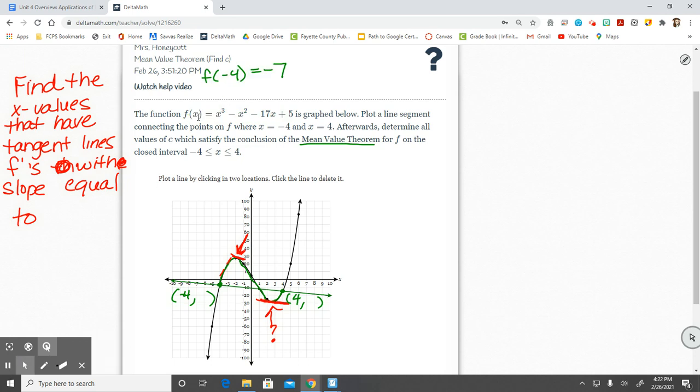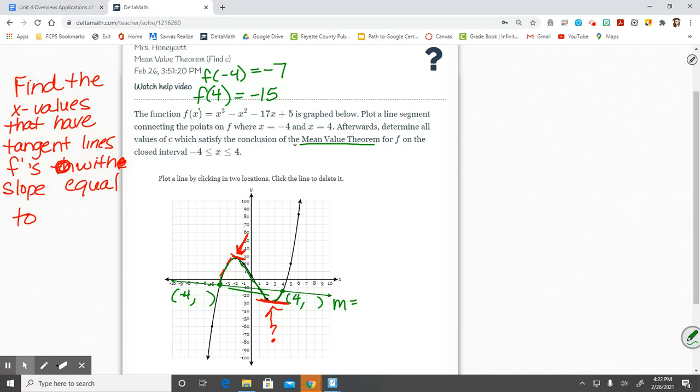Substituting in -4, we get -7. Substituting in 4, I get -15. So now let's calculate the slope of this green line.